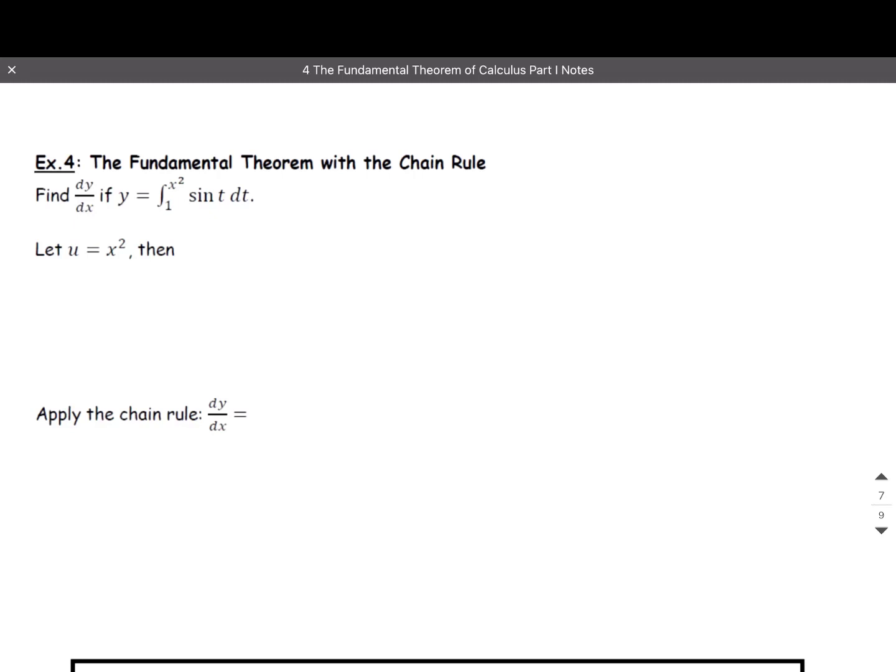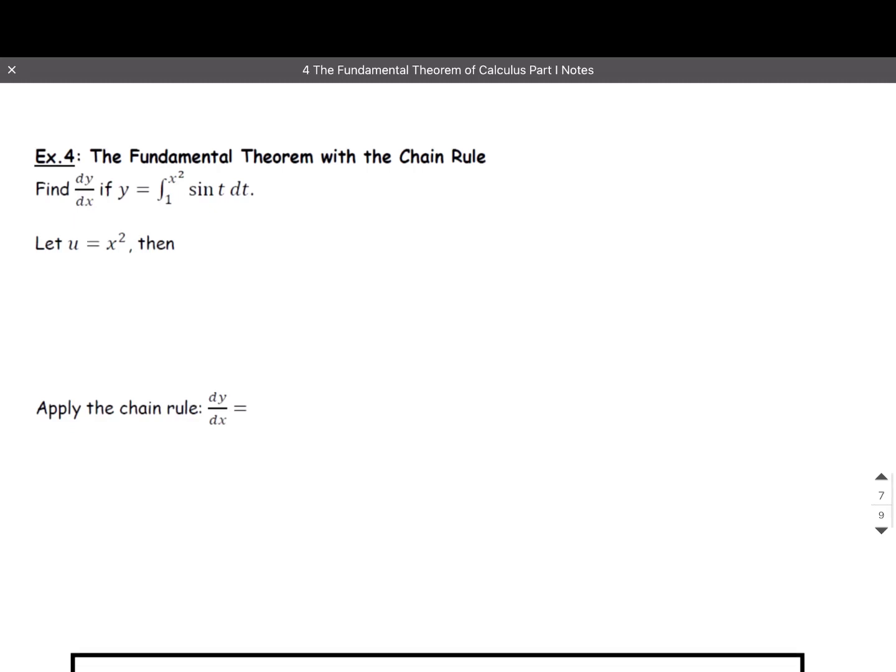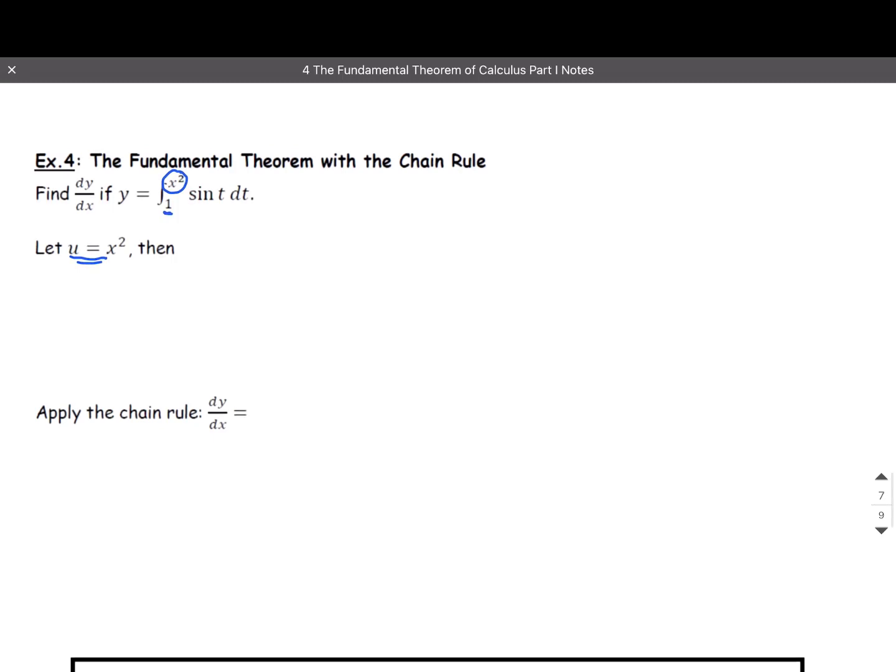So let's find dy dx if y equals the integral from 1 to x squared of sine t dt. Now notice we have a constant down here. Good. But this is an x squared, not an x. So we're going to let u equal x squared. That means then that y equals the integral from 1 to u of sine t dt, right?